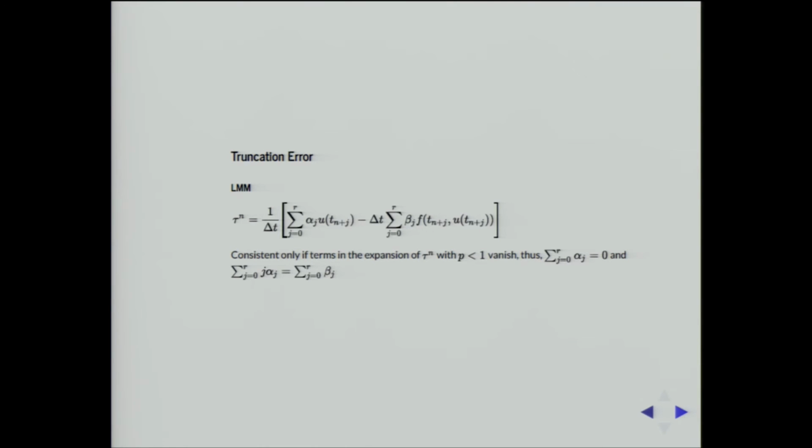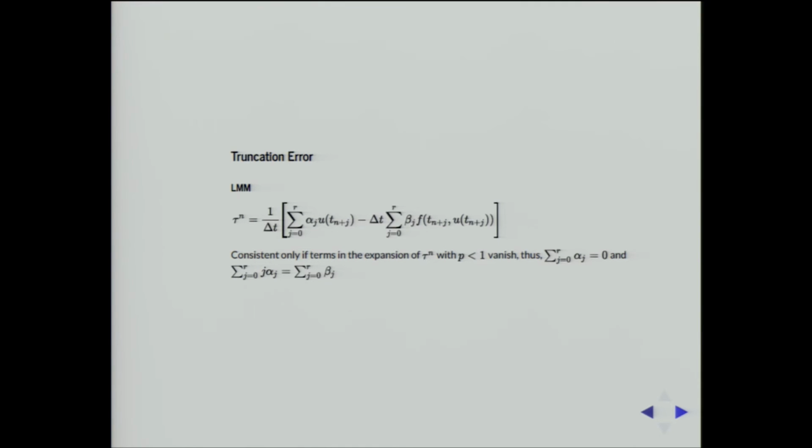So there is an error here. All the p's should be greater than 0. If I have terms that have a 0 power of p, these terms should cancel out for the method to be consistent.